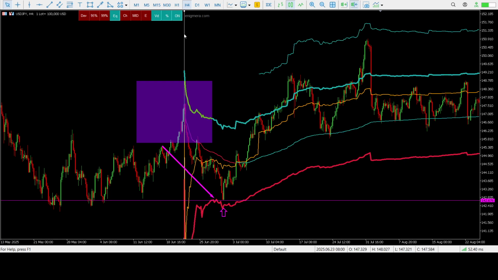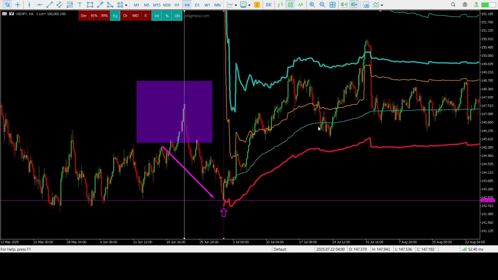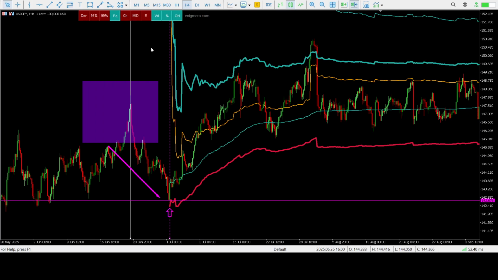Then I will proceed further with my 4-hour analysis. What I got? The market reached the equilibrium and immediately, very powerful, gave me a bullish signal here.